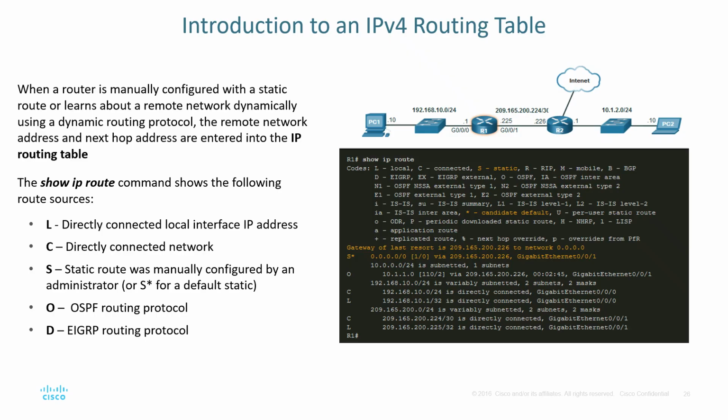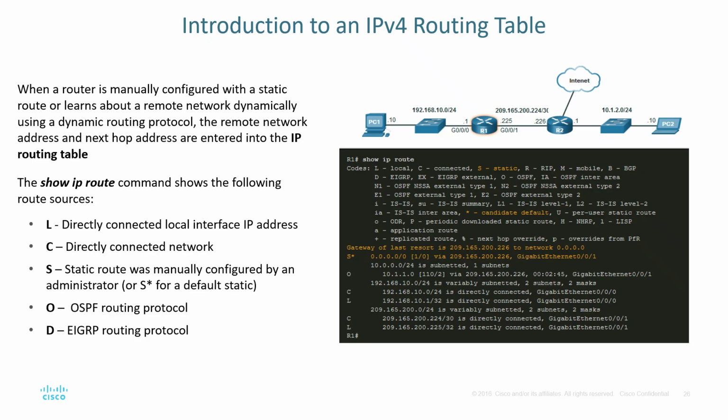So when a router is manually configured with a static route or learns about a remote network dynamically using a dynamic routing protocol, the remote network address and next hop address are entered into the IP routing table automatically. Even though you have to configure a static route or configure a routing protocol, once you do, it automatically populates into your router's table.